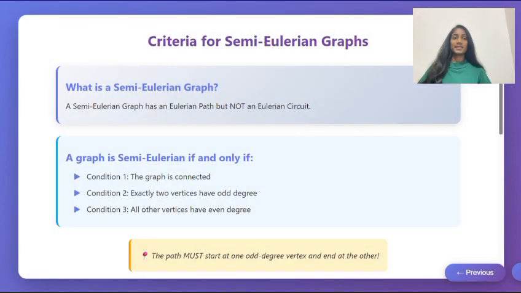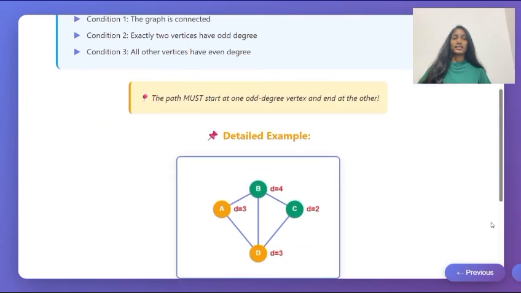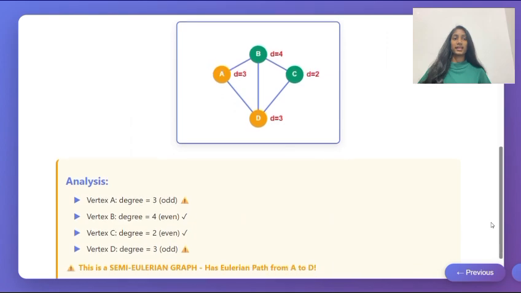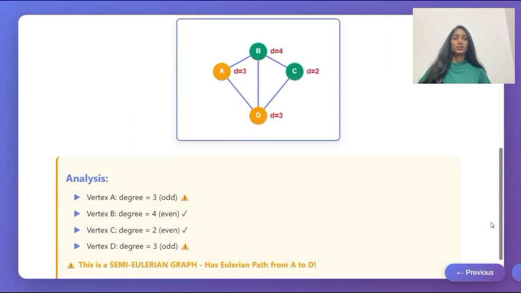Next are semi-Eulerian graphs. These graphs have an Eulerian path but not a circuit. That happens when exactly two vertices have odd degrees and the rest are even. The graph must be connected. In this example, vertex A has 3 edges and vertex D has 3 edges.